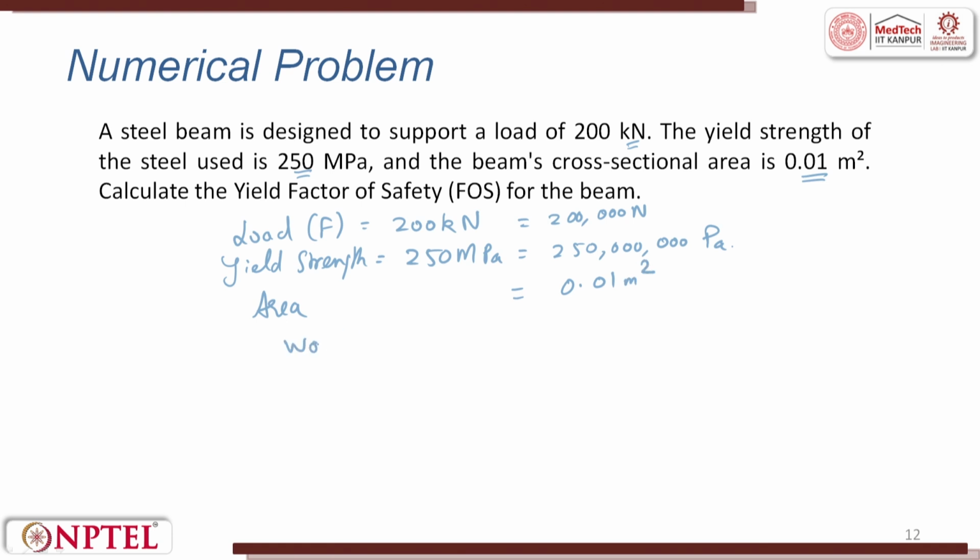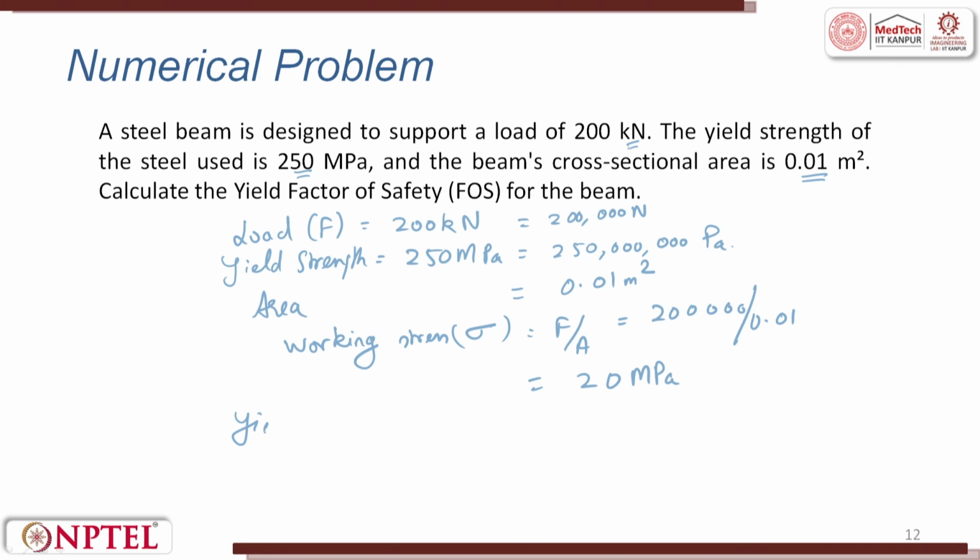So, the working stress sigma is nothing but F by A, which is 2 divided by 0.01 meter square. So, this is nothing but 20 megapascal, right.